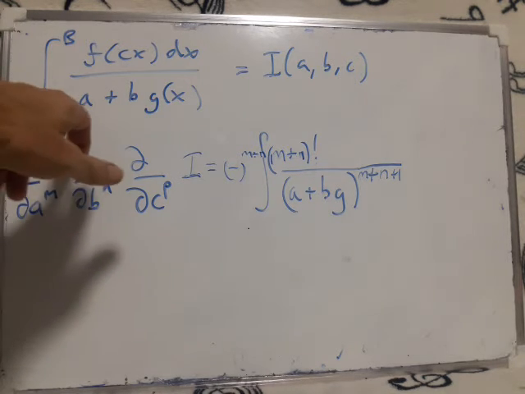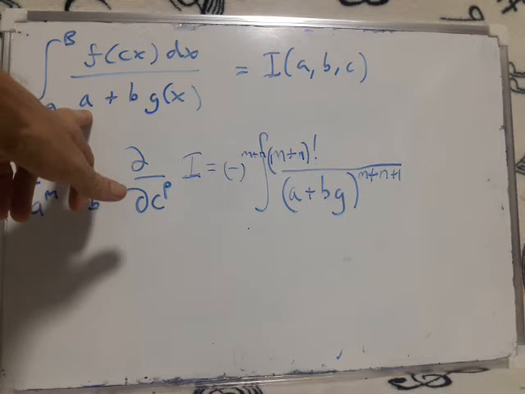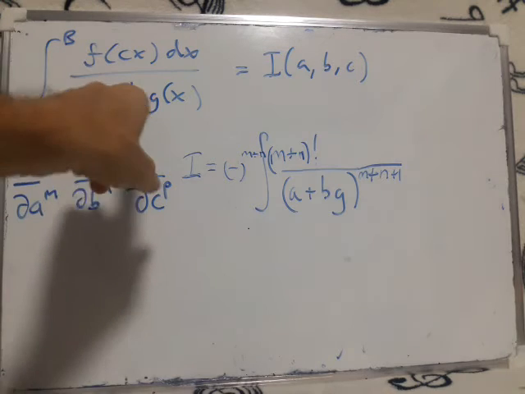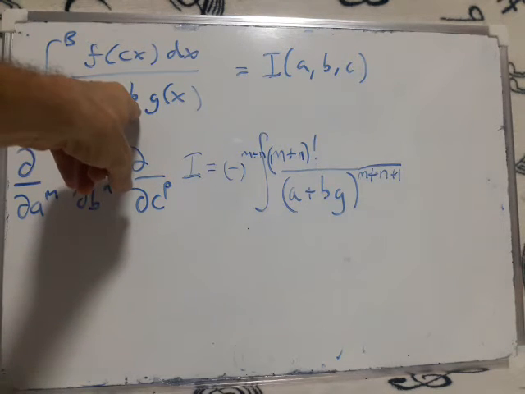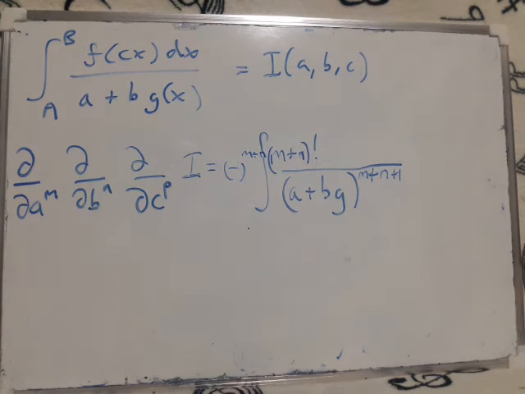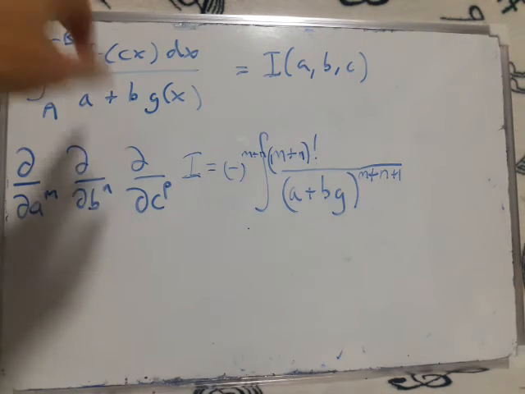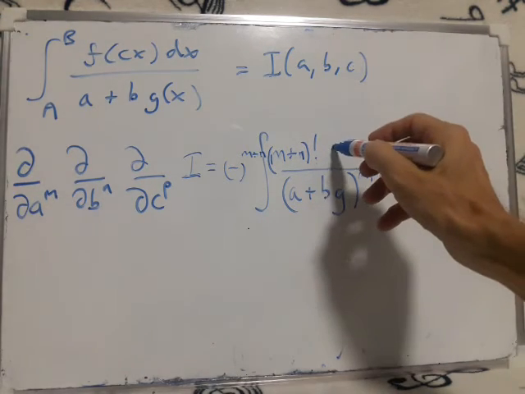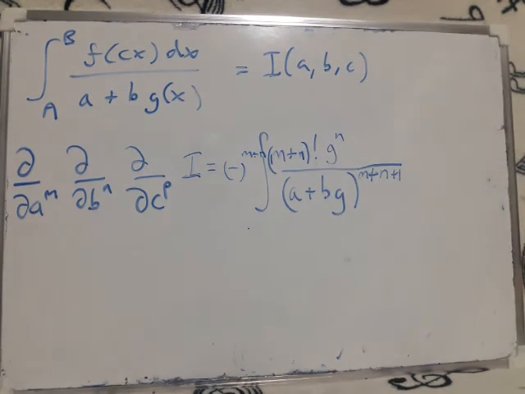When we differentiate with respect to a, we get nothing extra on the top. If we differentiate with respect to b, then every time we differentiate, we get a g appearing on the top. So if we differentiate n times, we'll get g to the power n on the top. So that's the a and b bits dealt with.